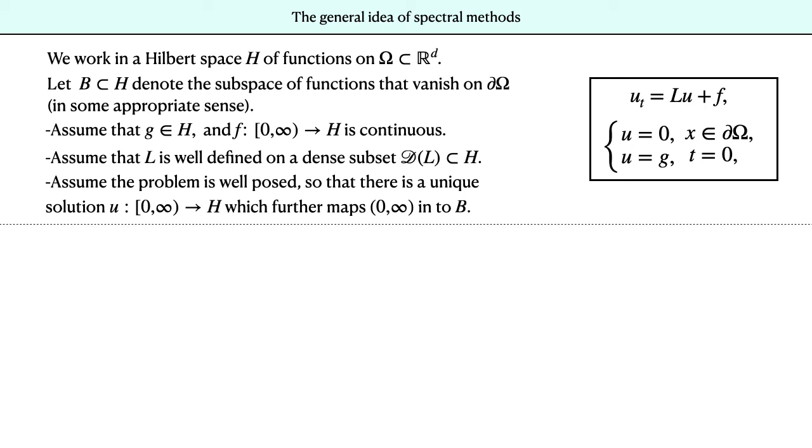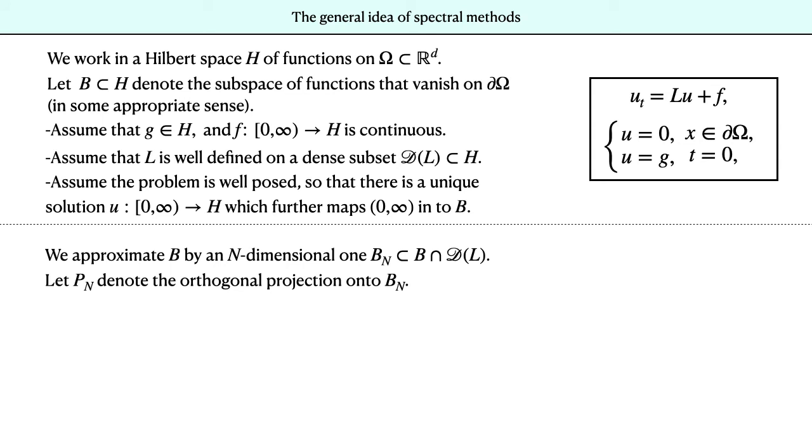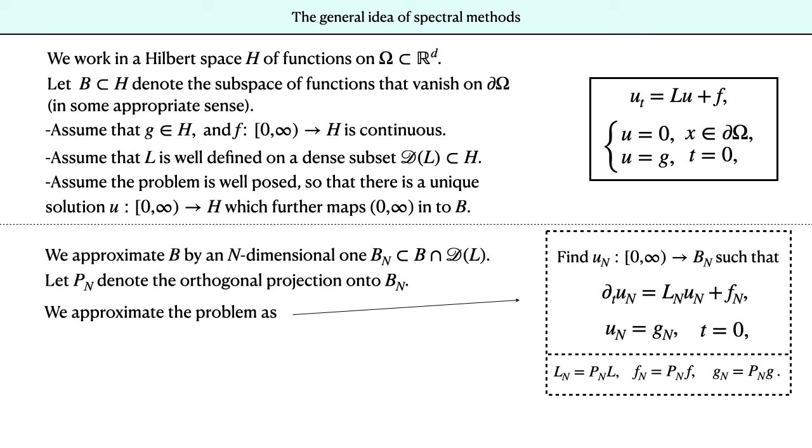Okay, so we're going to attack this problem using spectral methods, and we do it by approximating the space B with an n-dimensional one, B_n. We assume that B_n also lies in the domain of the operator L, and we're going to let P_n be the orthogonal projection onto B_n. Now, we approximate the problem like this.